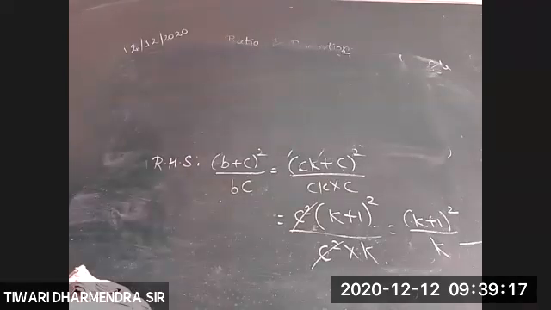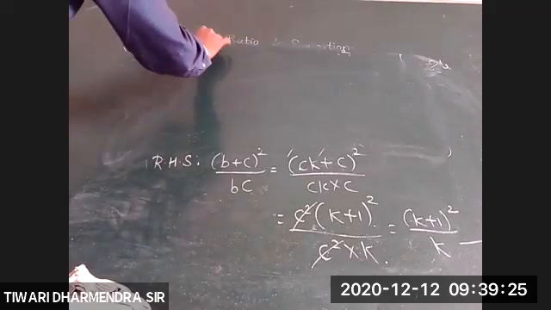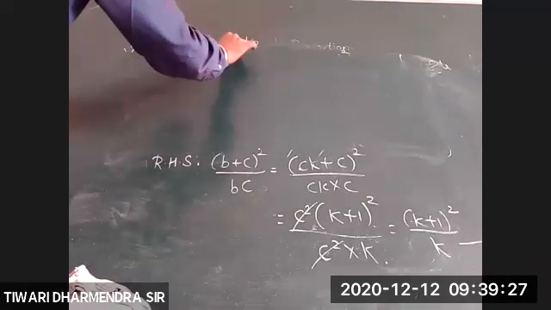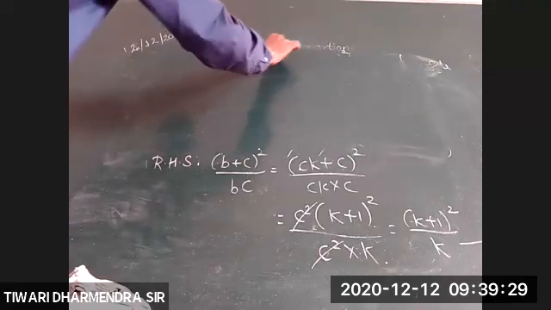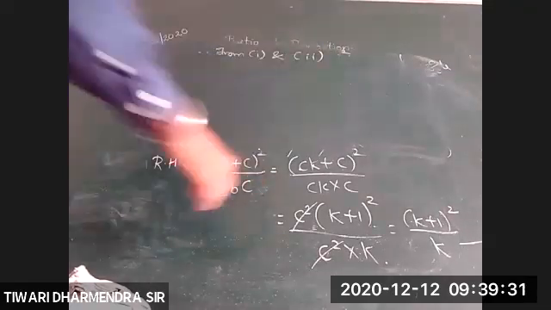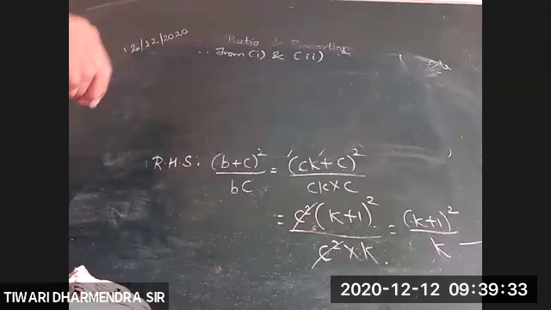Two different ratios, means A by B, C by D. They are two different ratios, and if they are equal, then also we can apply K method to solve the problem. So from 1 and 2, what is our left hand side?